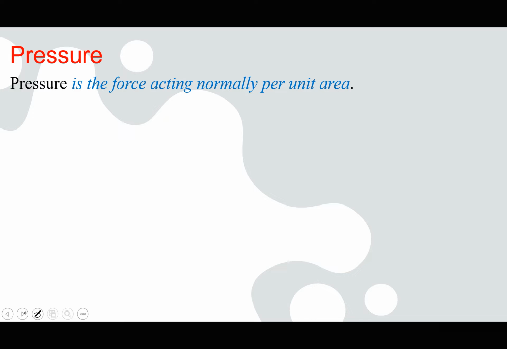So normal in this case means perpendicular, that is at right angles. So pressure is the force acting perpendicularly per unit area, normally per unit area, or at right angles to a unit area, that is pressure.